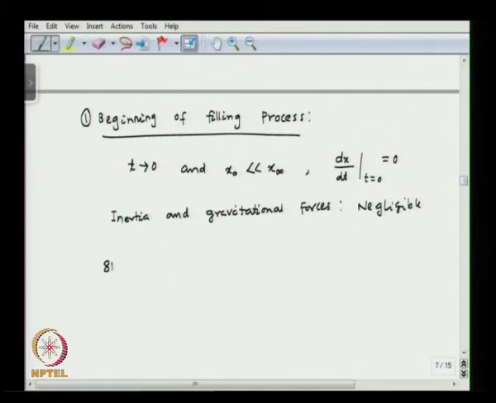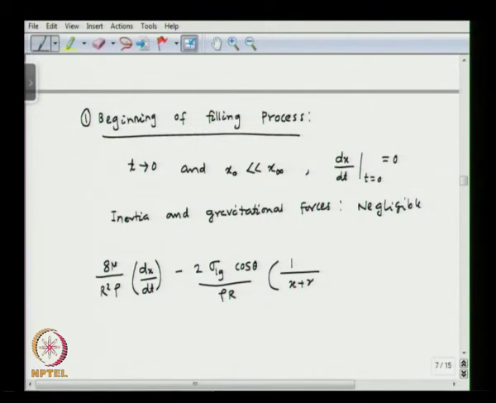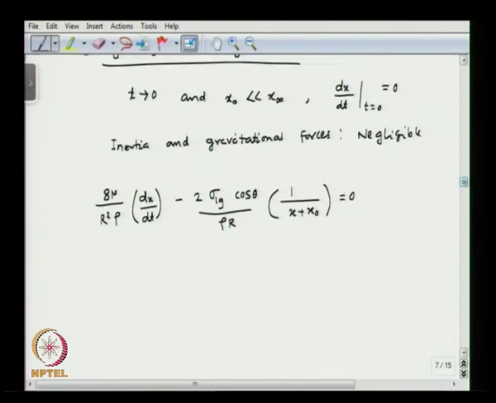You get 8 mu over r square rho into dx over dt minus 2 sigma Lg cos theta over rho r into 1 over x, where x0 is going to be 0. So, we can do a conversion of variable.